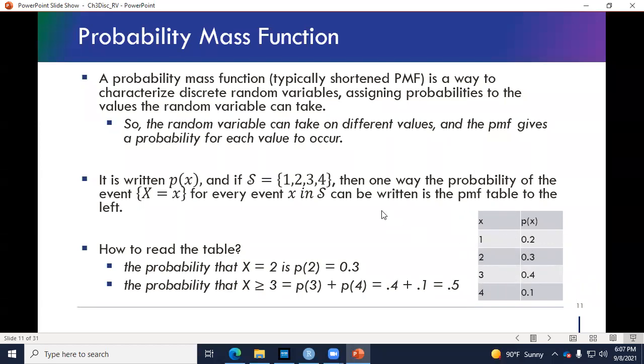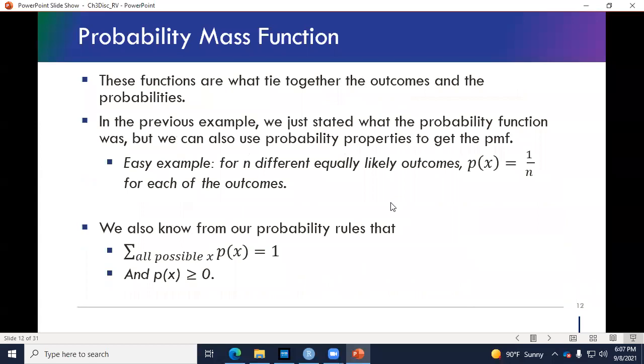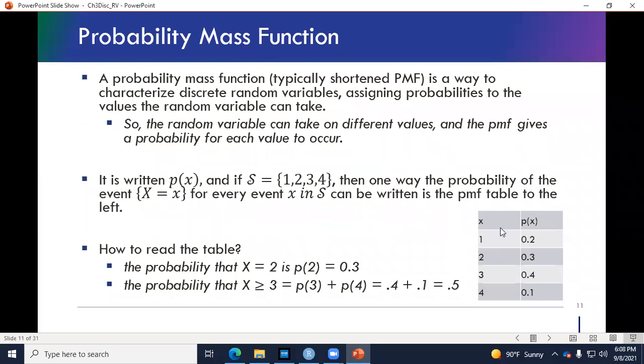This is just one example. This function, the PMF, ties the outcome with the probability. So this is the outcome, this is the probability.